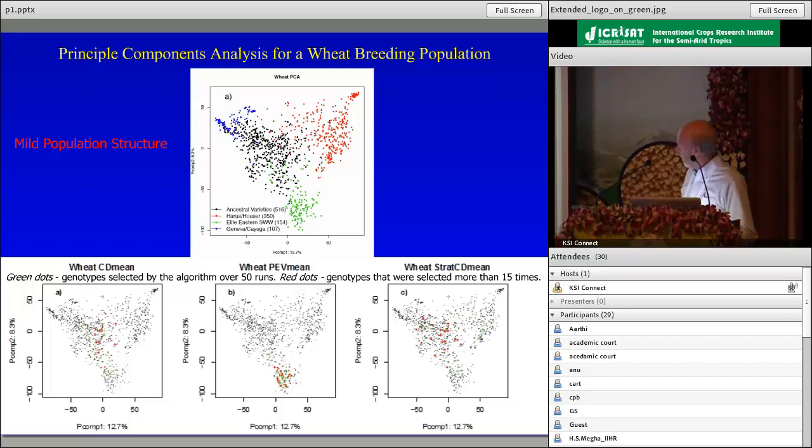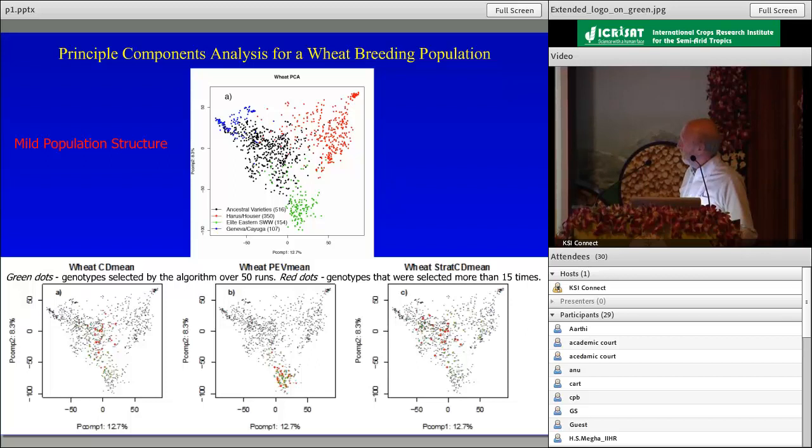And it doesn't show up real well here, but these are the 3 PC analyses that show what individuals were selected using the CD mean, the PEV mean, or the stratified CD mean. And you can probably see the red dots. Those are the ones that were selected most frequently out of the 50 runs.